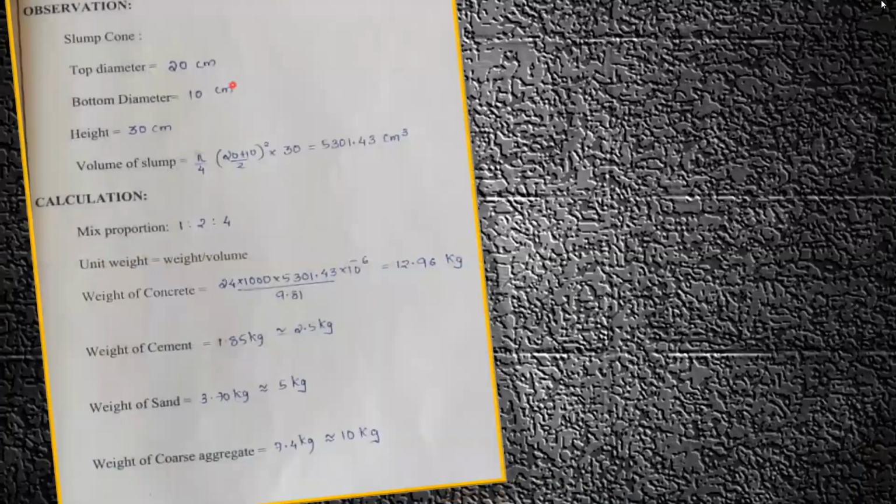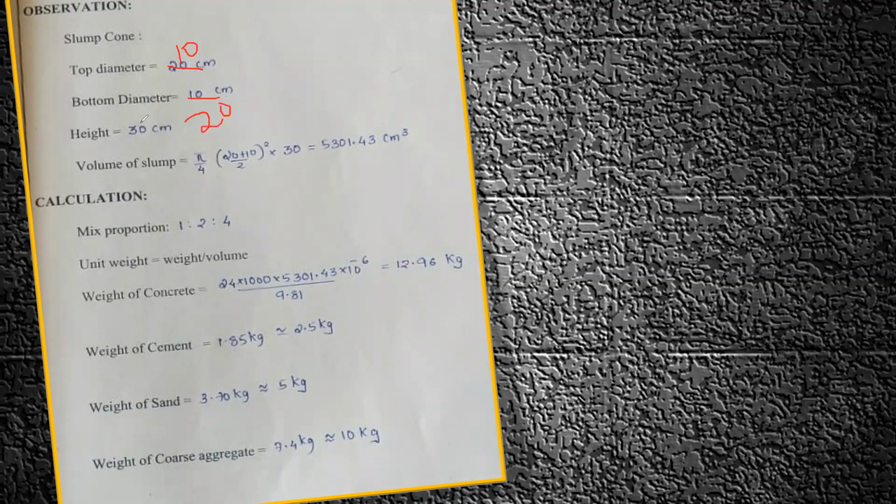Now coming to the observation part, we know all these things already. That is the top diameter, it has to be... give me a minute, this is not the bottom diameter, it has to be the other way around, because the top diameter is 10 centimeter, right? And the bottom diameter is 20 centimeter.